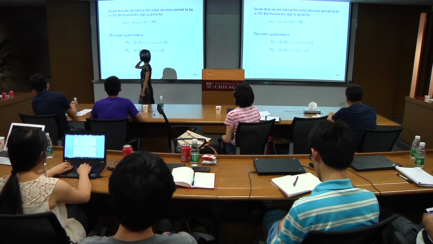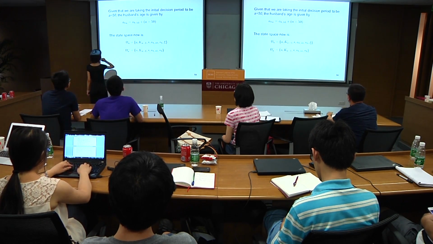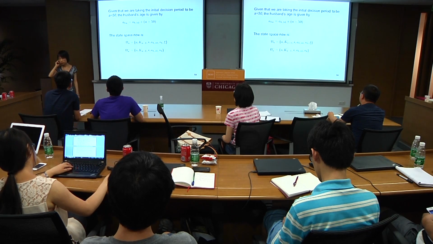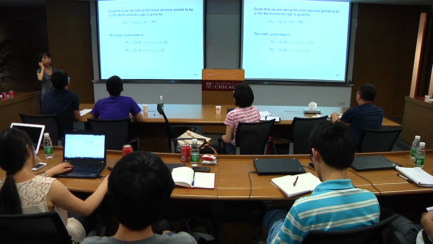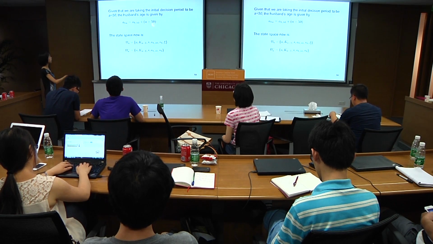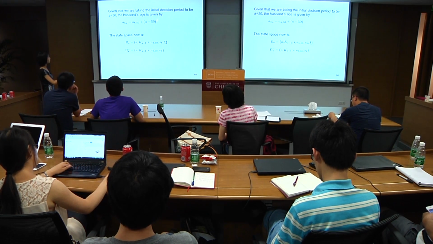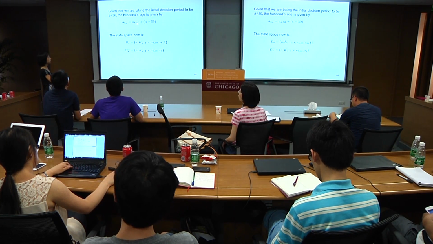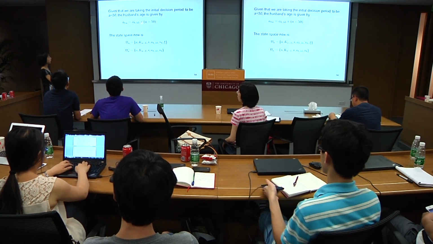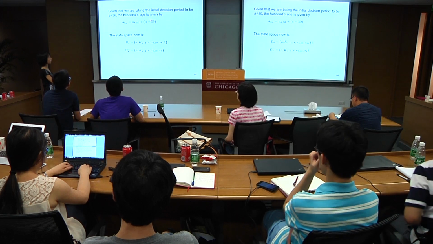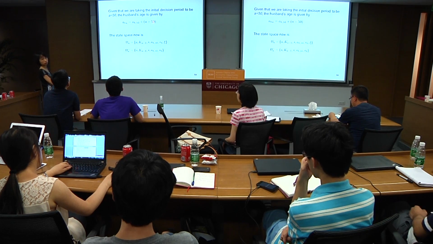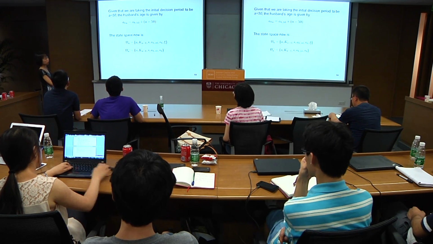Now, given that we are taking the initial decision period to be age 50, remember these are 50-year-old women when they enter the model, the husband's age is just going to be the husband's age at age 50 plus the age progress of the woman, right?